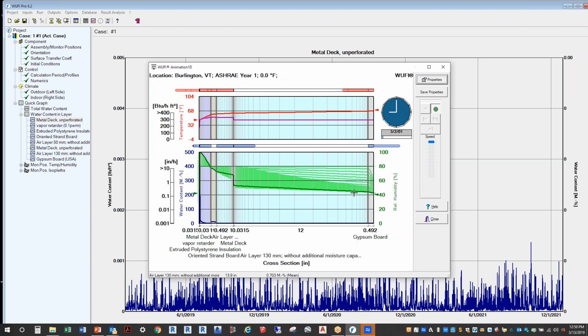What it says. The green on the bottom, the range of moisture.